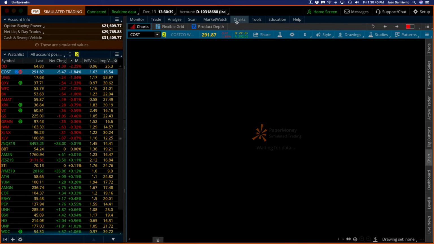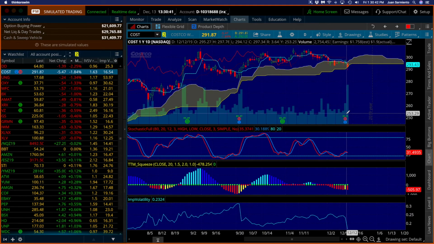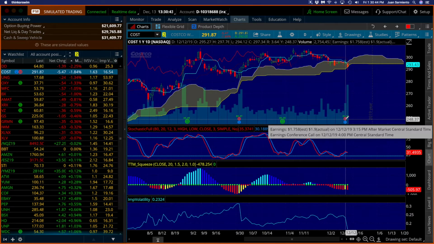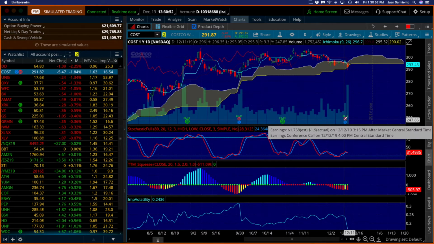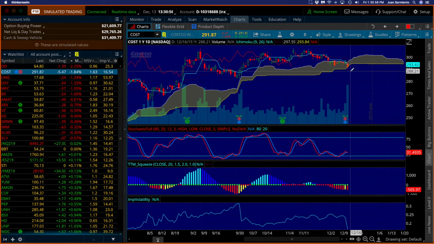Let's take a look at the chart. They reported earnings, so I think the stock is not going to go dramatically high. That would happen after the earnings, usually because some broker may increase earnings expectations. So I could wait until next week.